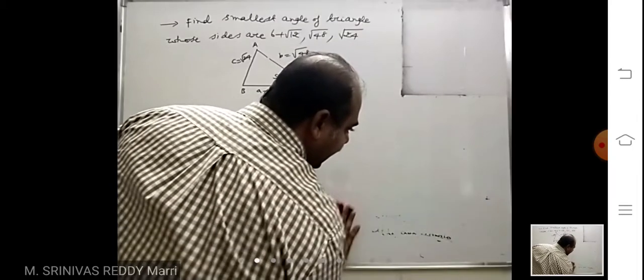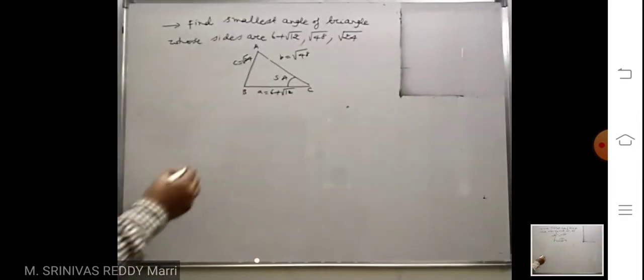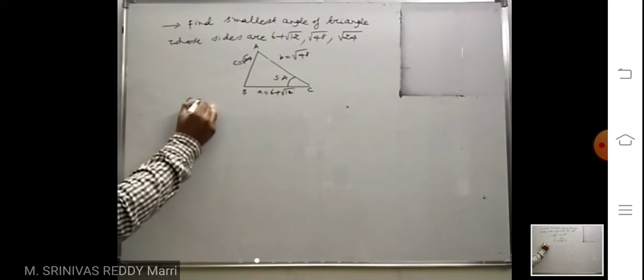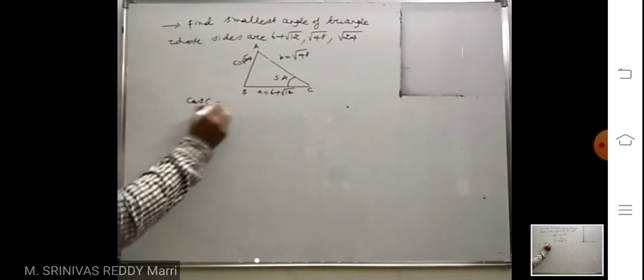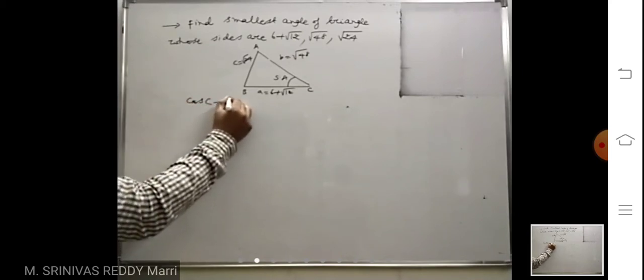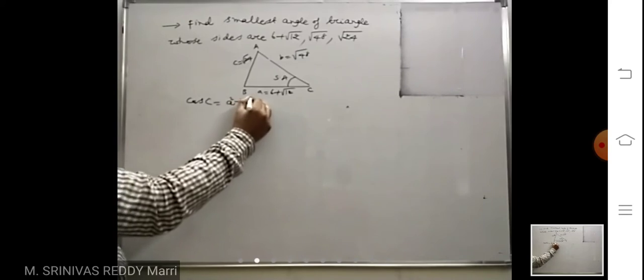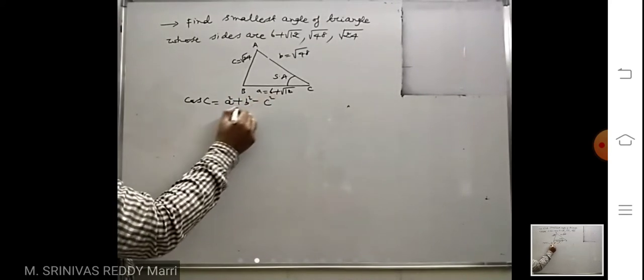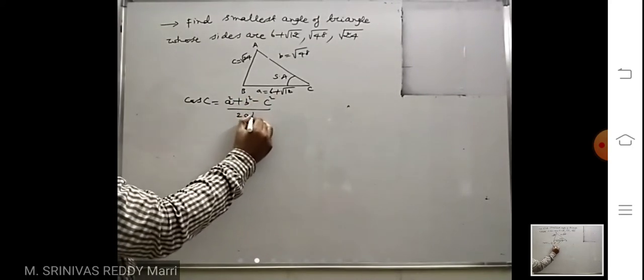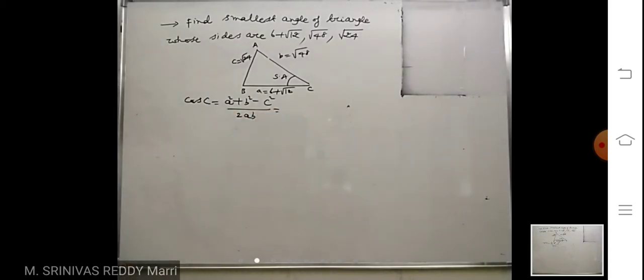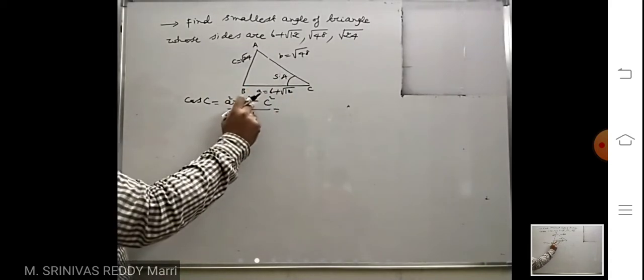You can calculate by using the cosine rule what is cos C, because the sides are known. What is the cos C formula? A square plus B square minus C square divided by 2AB. So angle C can be calculated using this formula.